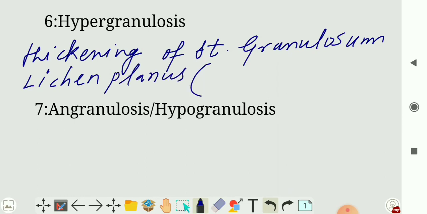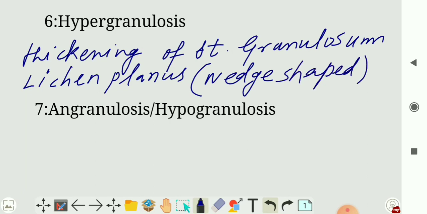And in lichen planus, wedge-shaped hypergranulosis is seen. Wedge-shaped is somewhat like this.